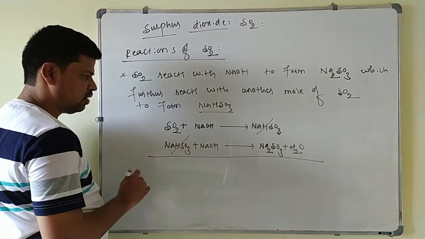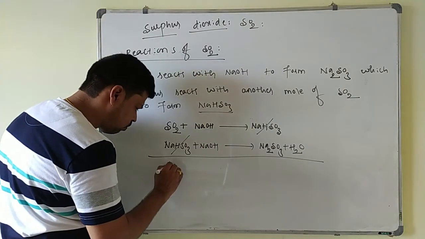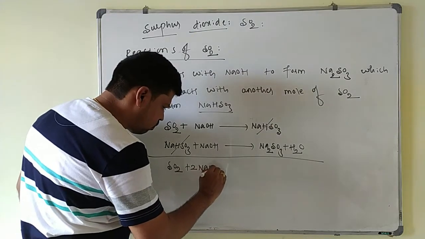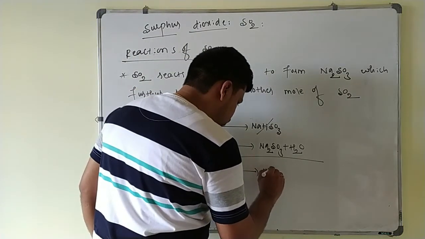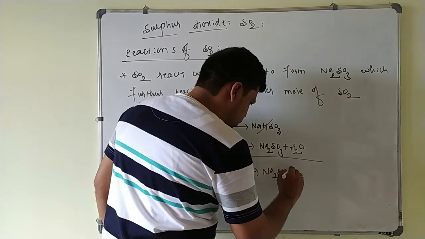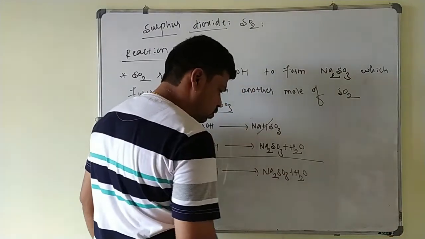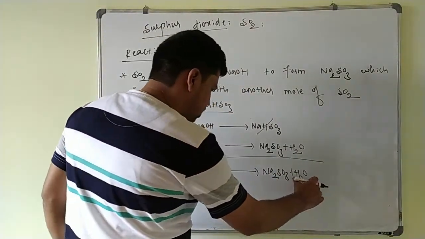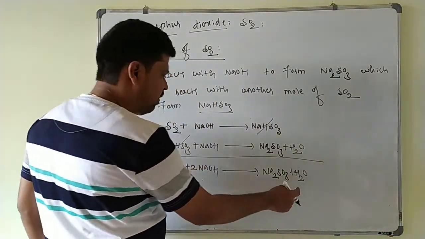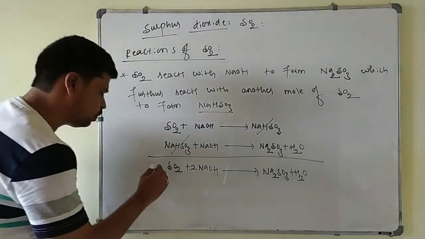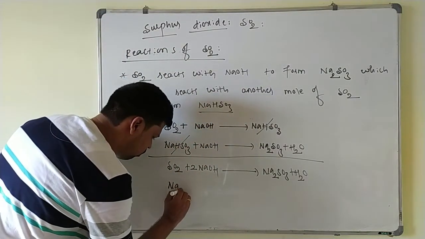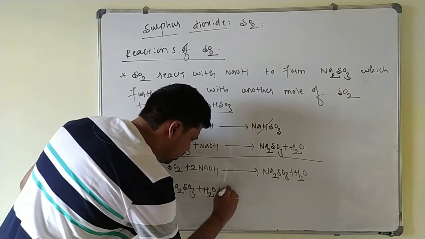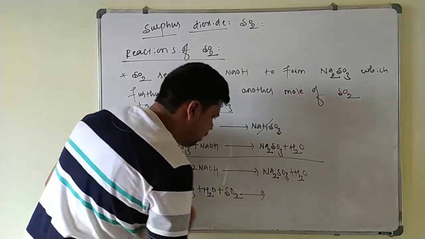So you can write here, NaHSO3 cancels. So SO2 reacts with the 2 moles of NaOH to form Na2SO3 plus H2O, and again this Na2SO3 and water molecule, they will react with 1 more mole of SO2. Na2SO3 plus water, they will again combine with what?